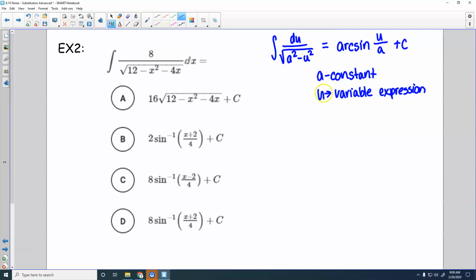So completing the square is going to look like this for this problem. The numerator stays by itself. This 12 is going to stay out of the way. We need it to be a squared minus u squared, so we want this to be a minus. We are going to factor out a negative and make this x squared plus 4x, and I'm going to put a plus blank right there.